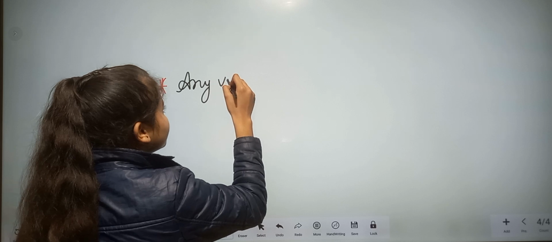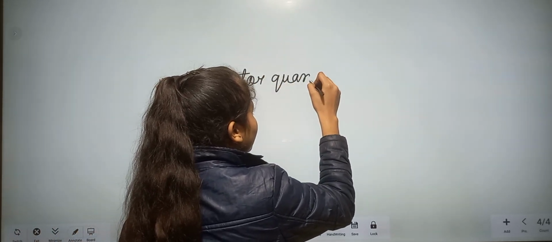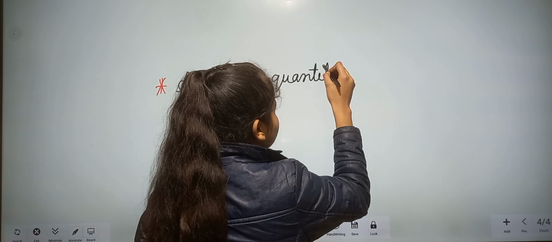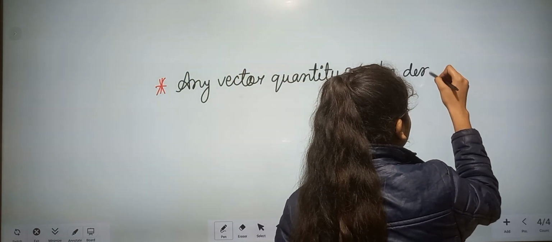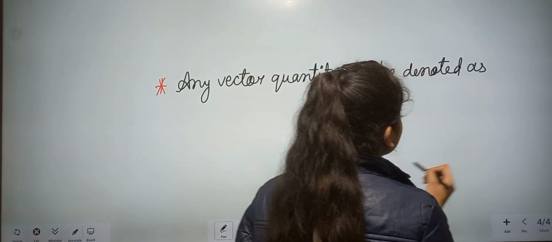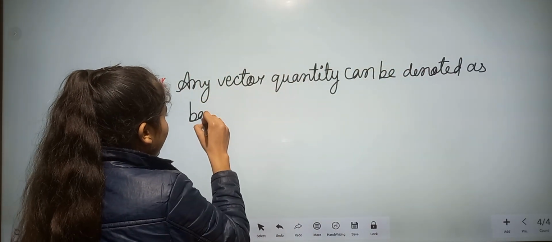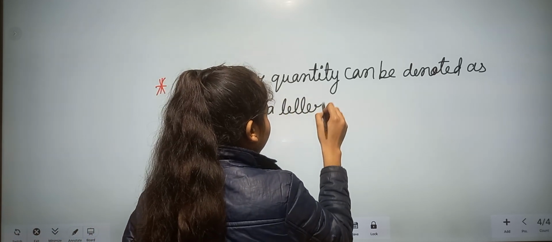Now our second point is any vector quantity can be denoted as a bar over a letter.